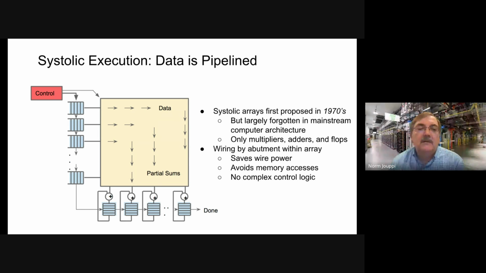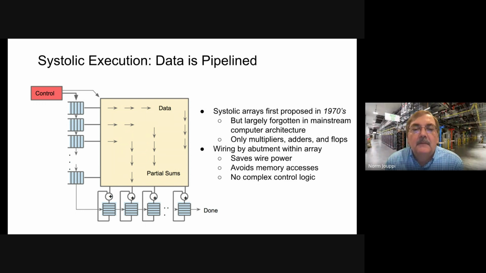The great thing about systolic arrays is wiring is done by abutment, so the cells basically don't have any wires between them. There's a connection on one side of the cell that immediately connects to a connection on the other side of the next cell.